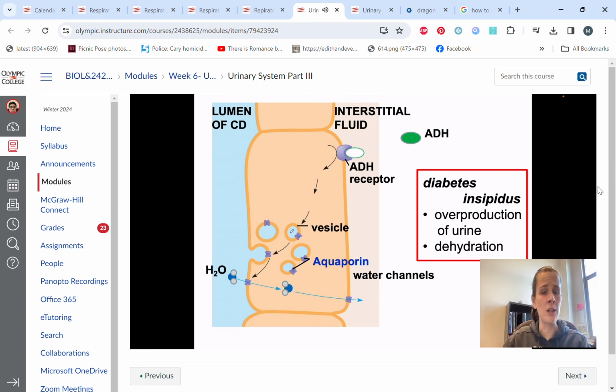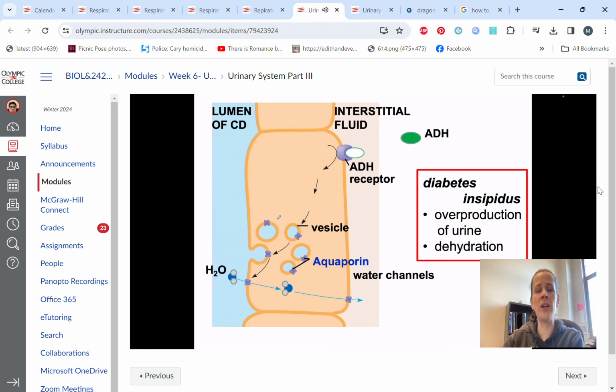We can store these aquaporins in the cytoplasm of the cell and have no aquaporins on the apical surface of the cells. And when that happens, the urine is going to pass through the collecting duct and water will not be reabsorbed, and we will have dilute urine.